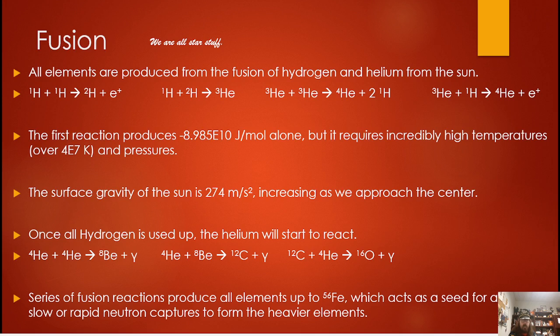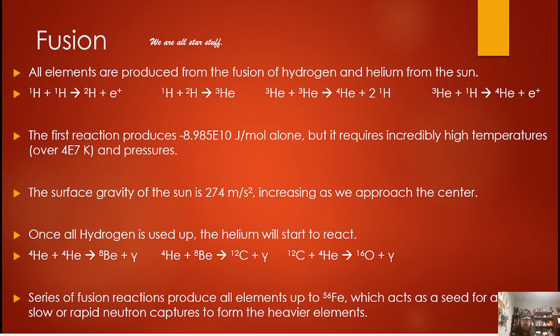Now, it requires incredibly high temperatures and incredibly high pressures. So temperatures of over 40 million Kelvin, and high pressures to push them together and make sure they don't escape. But of course, remember the gravity of the sun is incredibly dense.